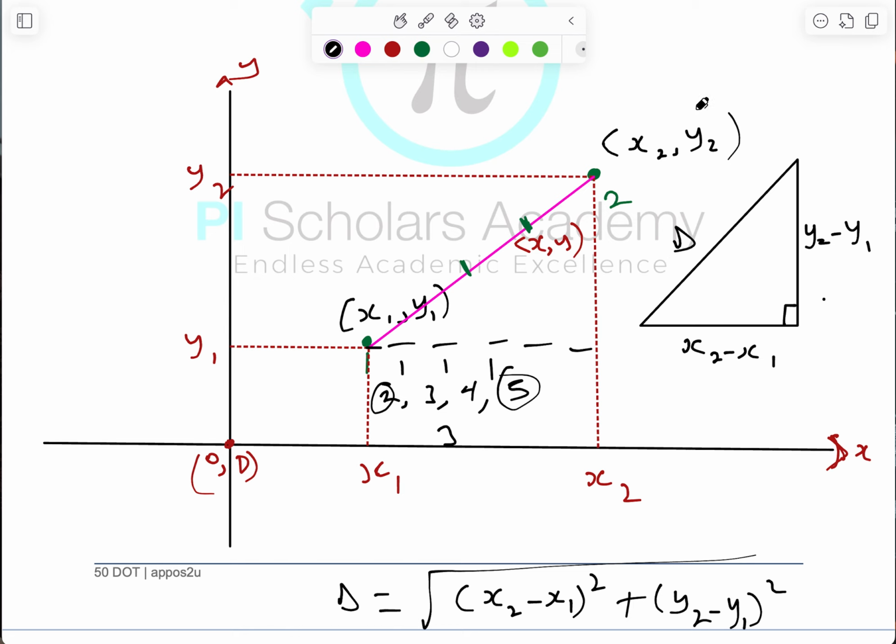So to get the halfway point, we actually use the reference of this x1, x2, and also y1, y2 as well. So what's the halfway between x1 and x2? That's simply the sum of x1 and x2 divided by 2. So the halfway is going to have a coordinate of x1 plus x2 divided by 2. And the halfway here, we have a coordinate of y1 plus y2 divided by 2.